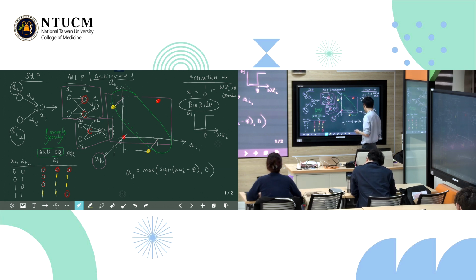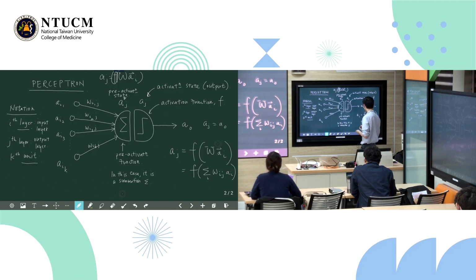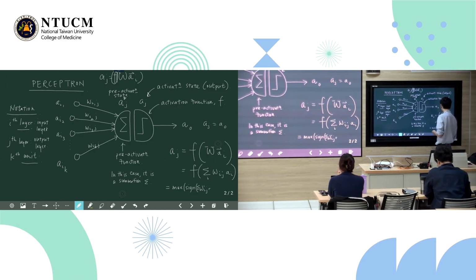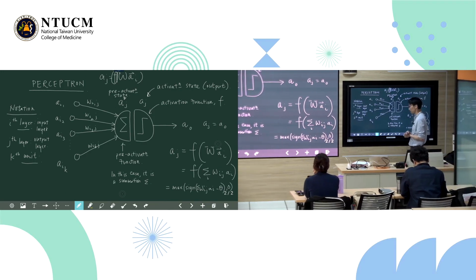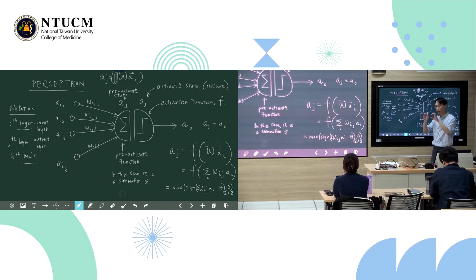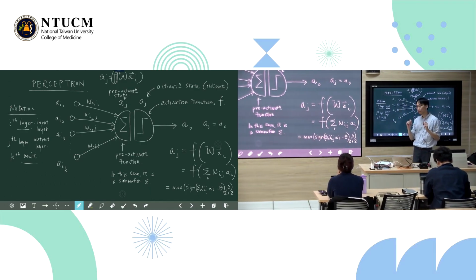That's the actual implementation. So this is equal to the W A_i minus theta_0, like this. Okay, so the function is that max sign composite, okay?